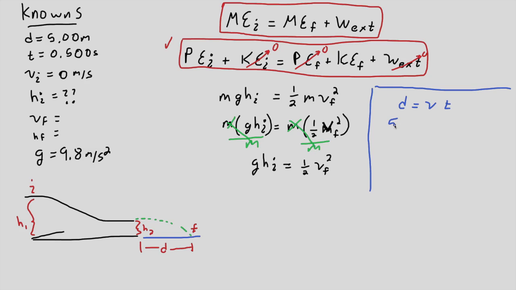So the distance in this case is 5.00 meters, and that's going to be 0.500 seconds times some velocity. Divide both sides by 0.500 seconds, and you'll wind up with 10.0 meters per second, and that's going to be our final velocity, which we can plug in to there.